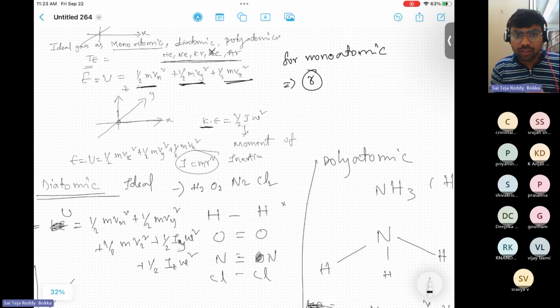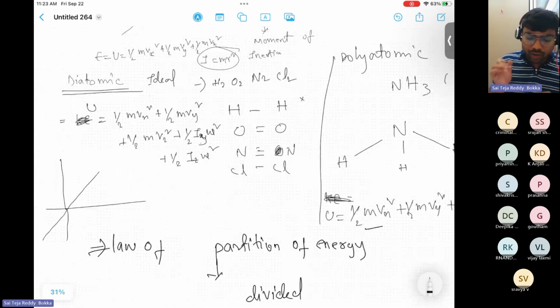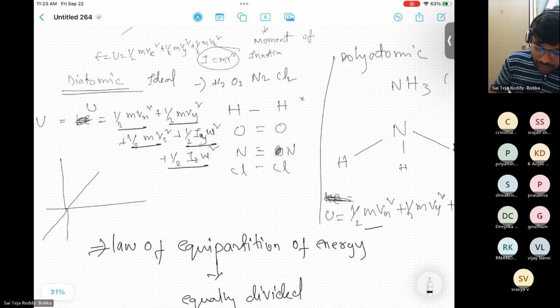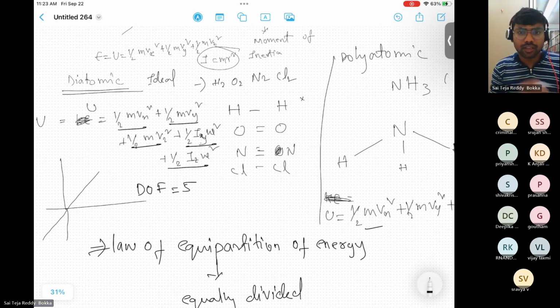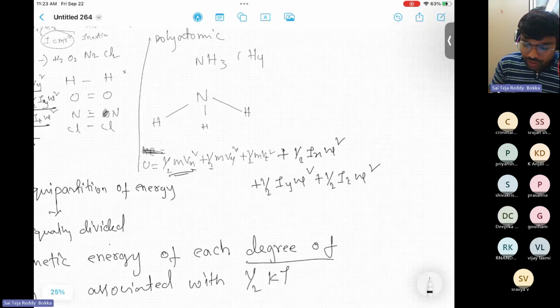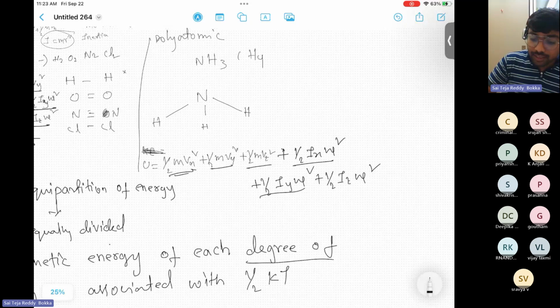For diatomic, how many energies do we have? 1, 2, 3, 4, 5. Degree of freedom will be equal to 5. What is the degree of freedom for polyatomic? 1, 2, 3, 4, 5, 6. DOF will be equal to 6.